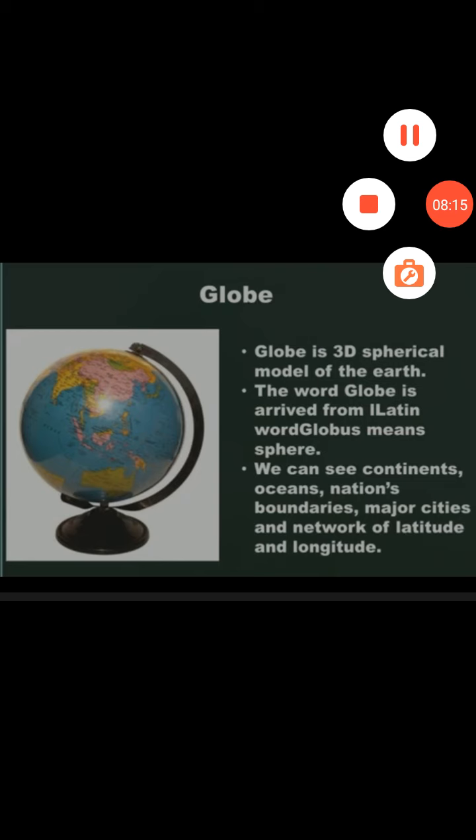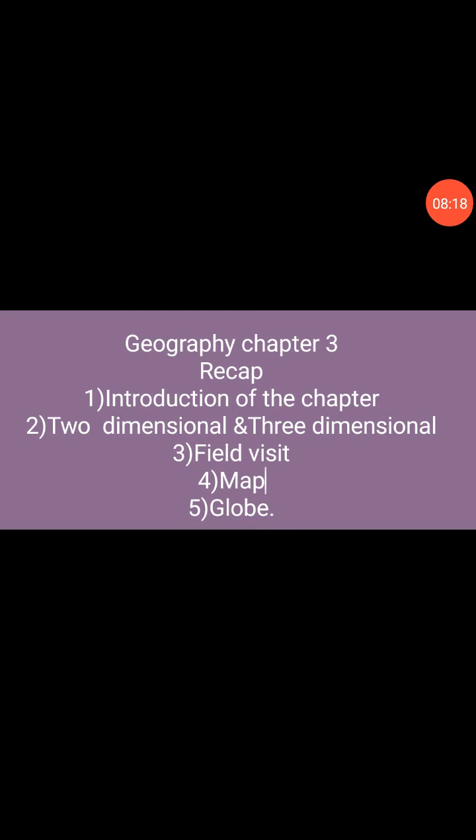Okay students, now let's take a short recap of the last two lectures, the first and second lecture and this lecture. In chapter number 3 we have done the introduction of the chapter, and we also solved some questions given in the textbook. Second, we have done two-dimensional and three-dimensional objects.